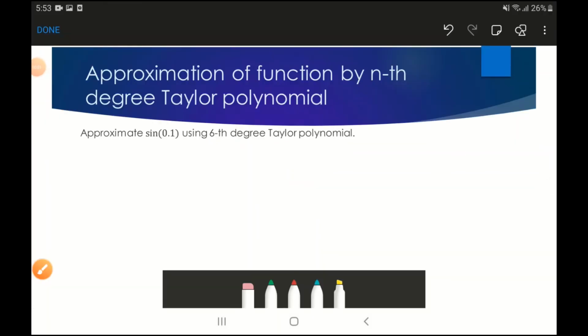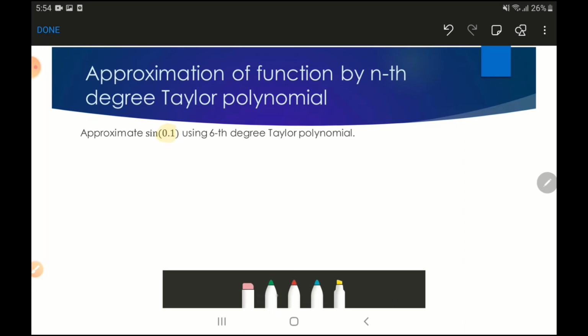Now let's try to approximate the value of sin 0.1 using a 6th-degree Taylor polynomial. So continuing what we have learned, we are trying to approach this value of x, 0.1. It's very close to 0, right?